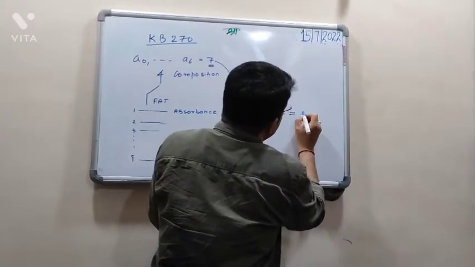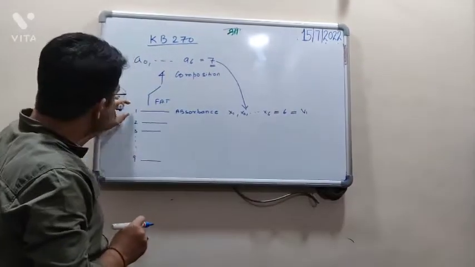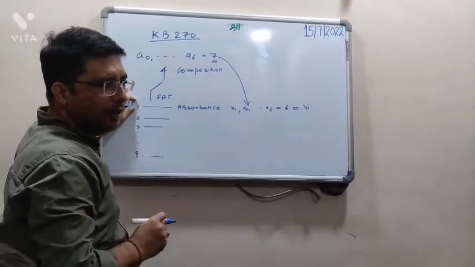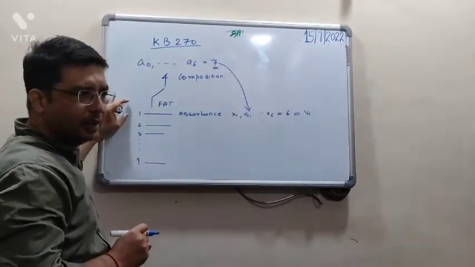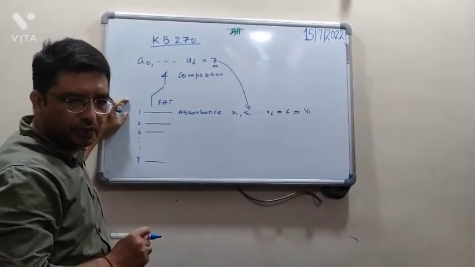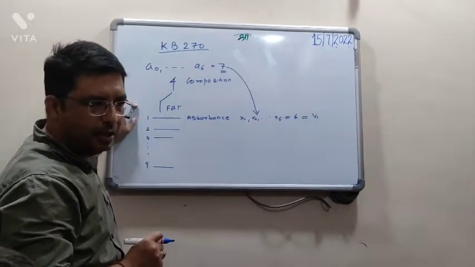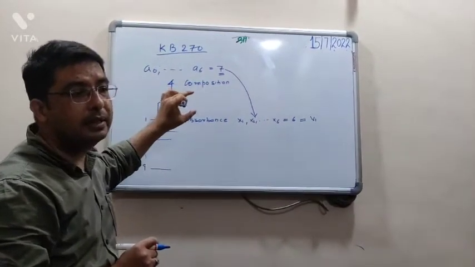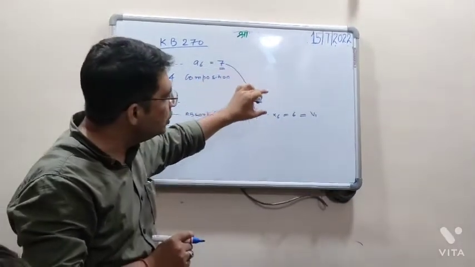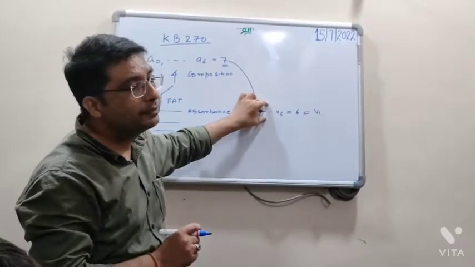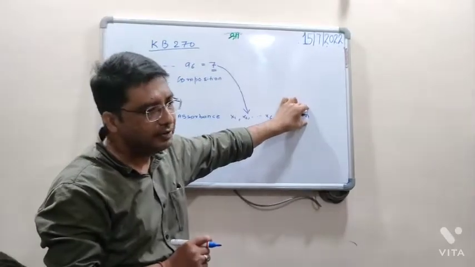I'll say it has value 1 for this sample. Value 1 means the value of fat for this sample, which is calculated by the instrument using this absorbance band, and that value is V1.